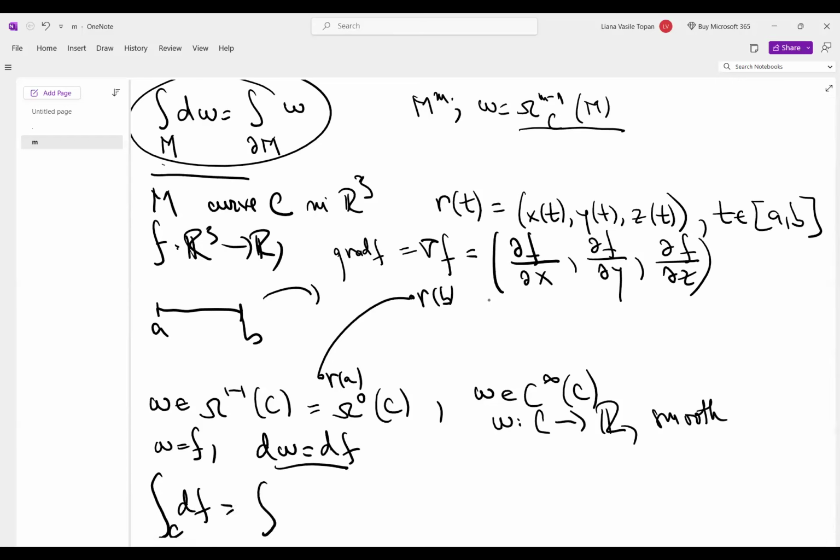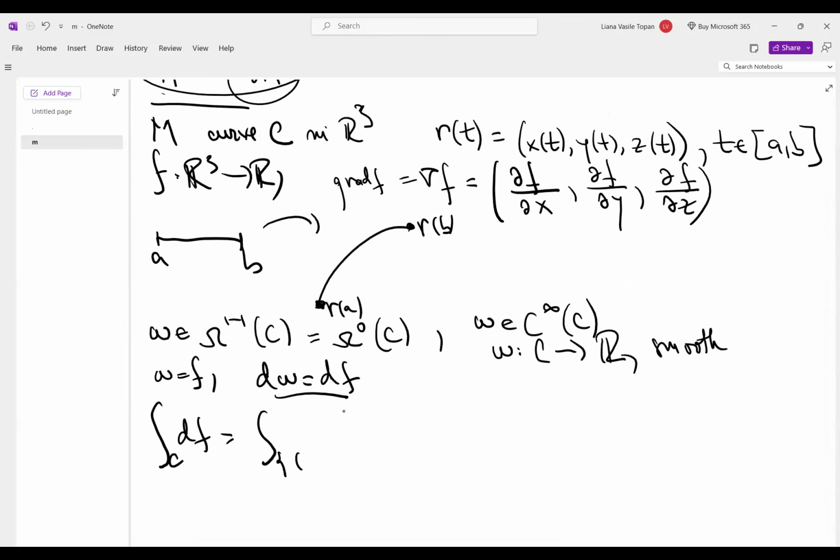This will be integral of, what's the boundary of M? It's the boundary of the curve. So R of A and R of B, these are the points on the boundary. So integral on R of A and R of B of f.